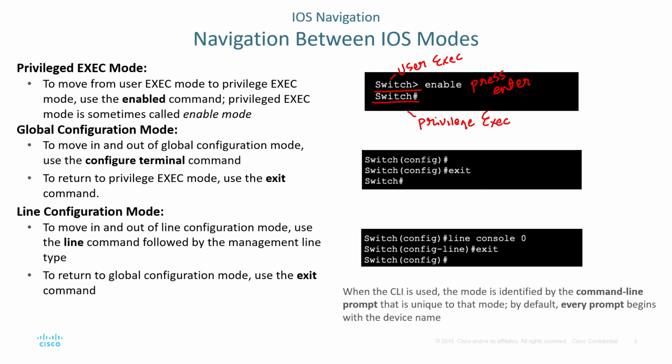Now, to go from privilege exec mode into global configuration mode, which again, global affects the entire device, I want to type in config terminal. So up here at the switch prompt, I would type in config T or terminal and press enter.